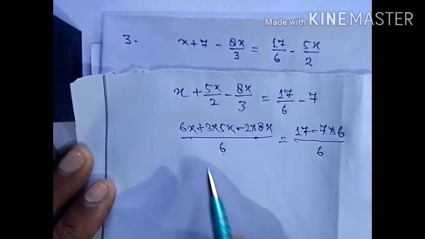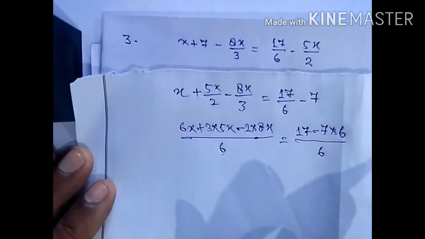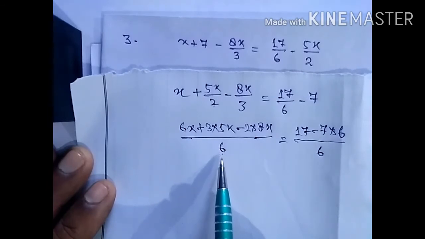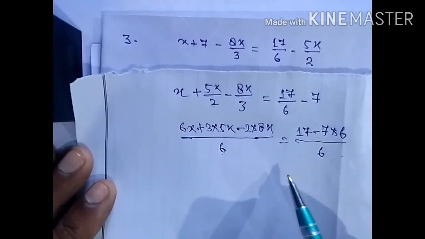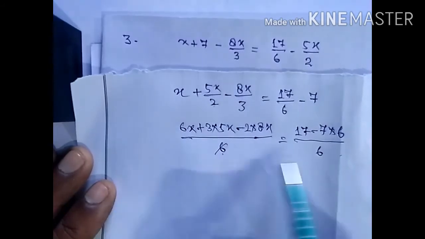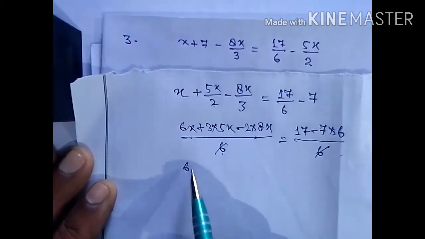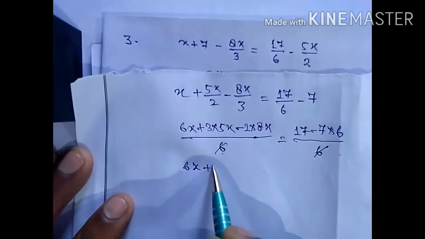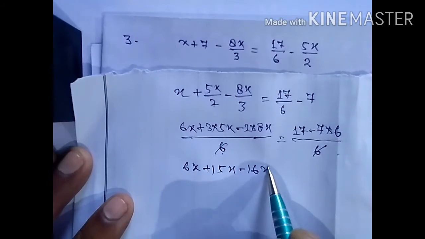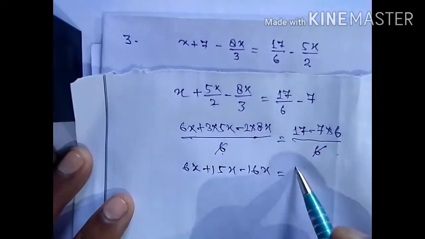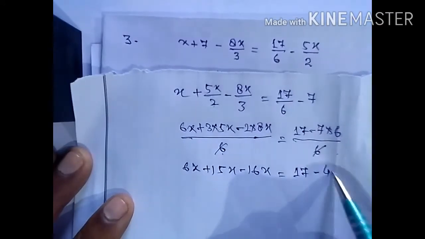Now LCM will be cancelled, student, because on both sides, the left hand side of the equation and the right hand side of the equation, LCM is equal, so we can cancel this LCM. Clear, students? Now this one will be 6x plus 15x minus 16x is equal to 17 minus 7 6s are 42.